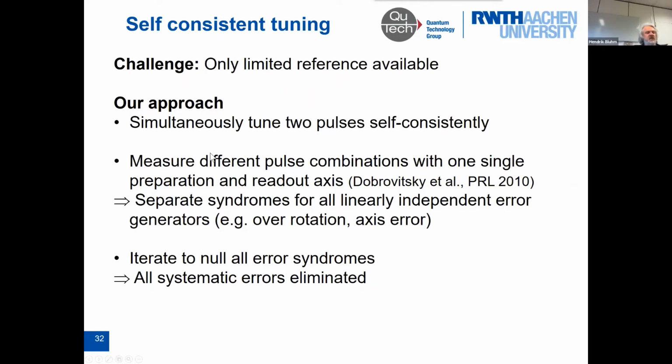The idea is to measure different pulse combinations with one single preparation and readout axis. That allows one to extract syndromes that can separate all the linearly independent error generators, such as over-rotation or axis errors of the individual qubit operations. Then based on these syndromes, the gates are adjusted and iterated to null all the syndromes until all systematic errors have, to sufficient accuracy, been eliminated.